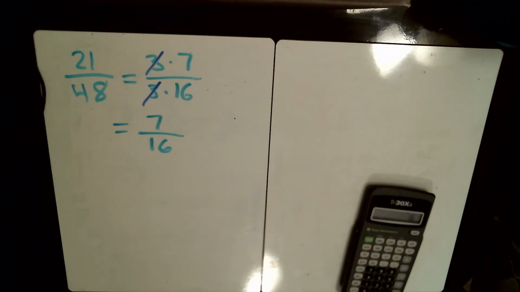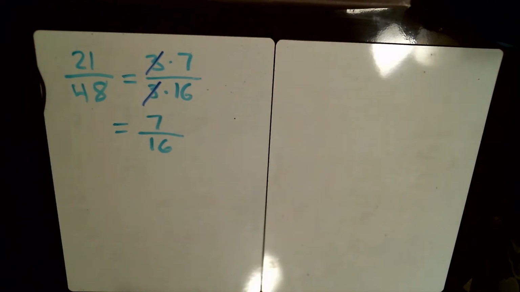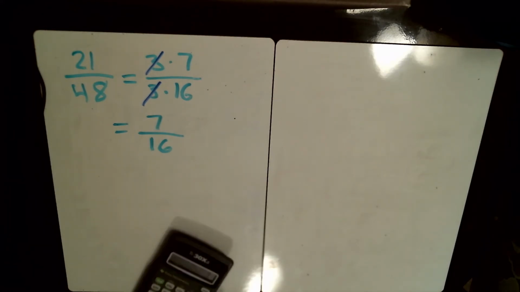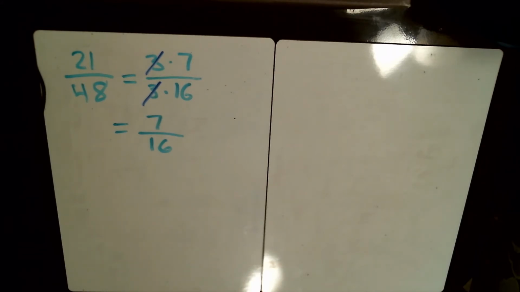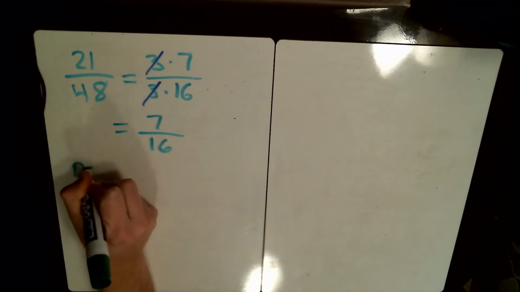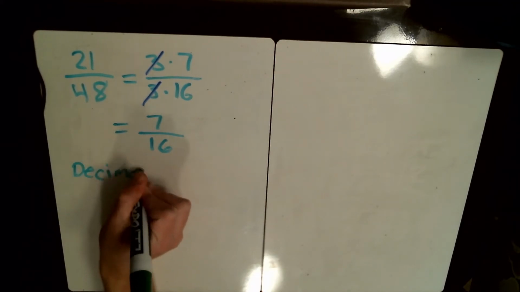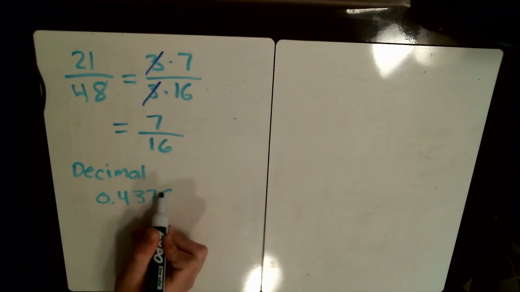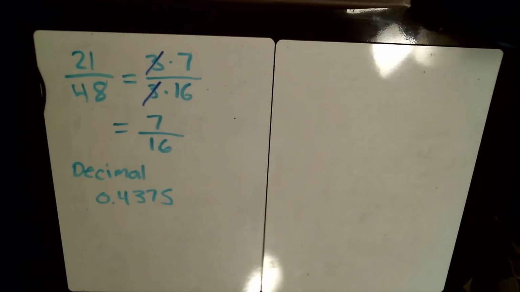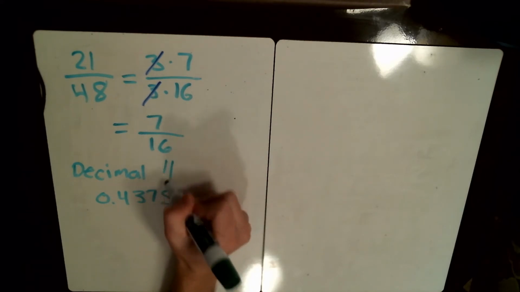Okay? And then just to get some practice with this, let's also convert these into percentages and decimals, okay? So let's start by converting it to a decimal, just to make sure we can do that. So I'm going to divide 7 by 16. So we get, as a decimal, 0.4375. Okay, that's our decimal. These two are equal.